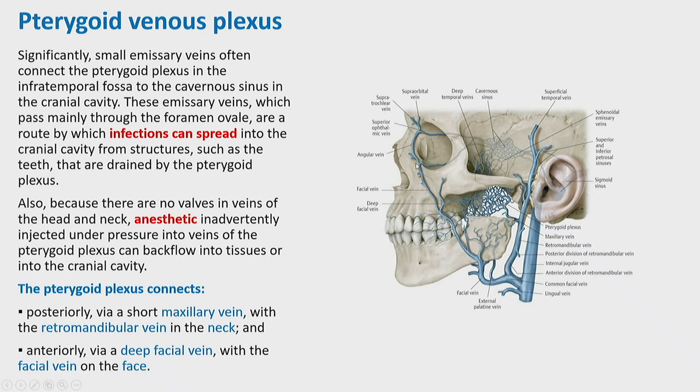Or the facial vein connects with the inferior ophthalmic vein, which, as you now know, passes through the inferior orbital fissure, is somehow connected with the superior one and with the cavernous sinus, or is connected with the pterygoid venous plexus like this.